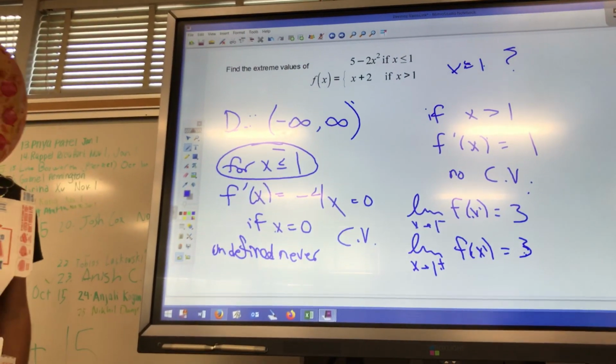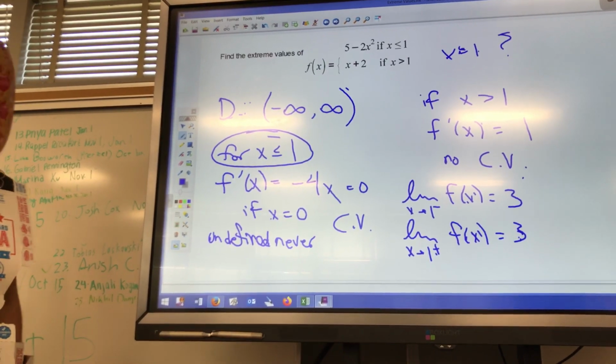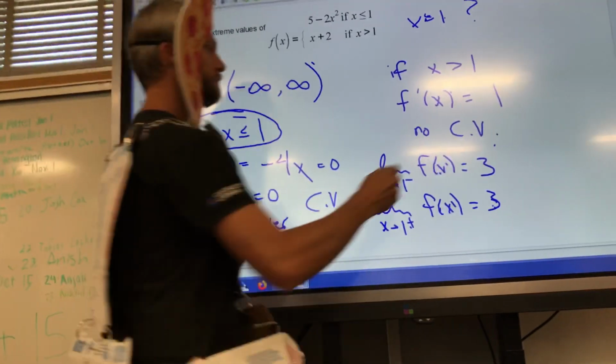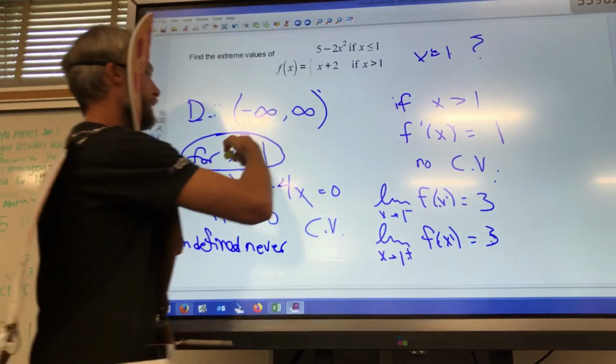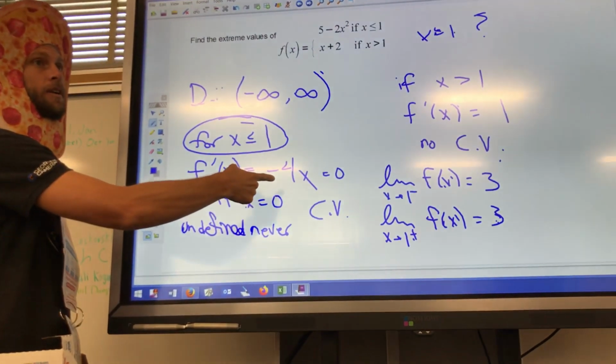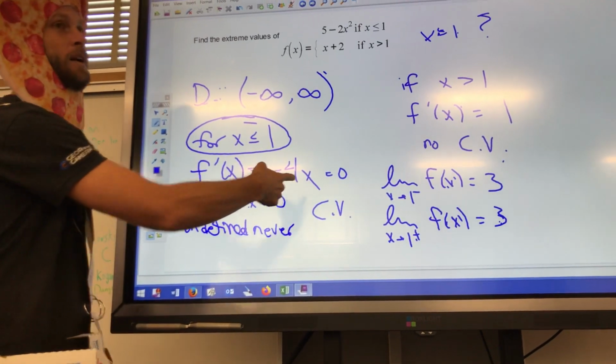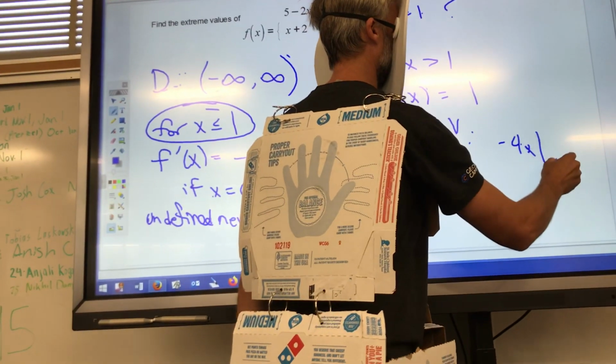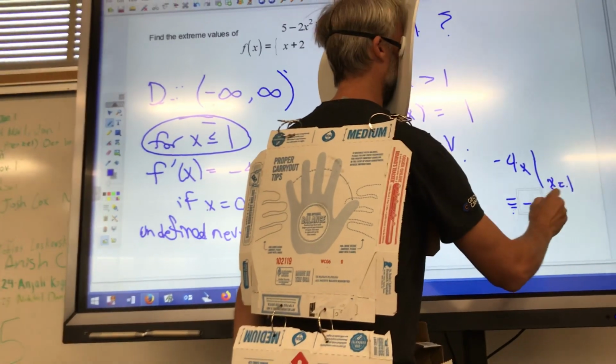It's continuous at x equals 1, but does the derivative exist? Our derivative over here was negative 4x. Evaluated at x equals 1, what does that give us? Negative 4.